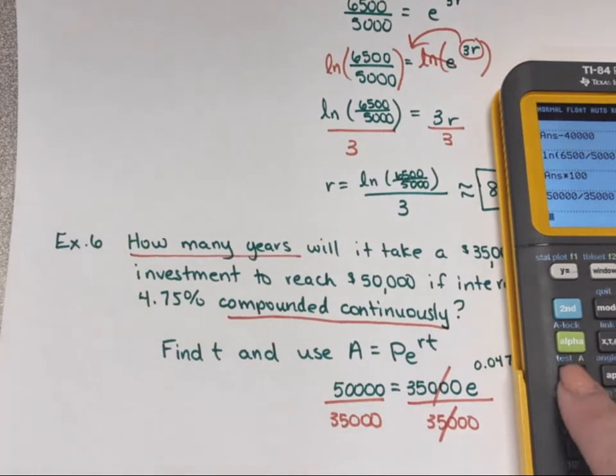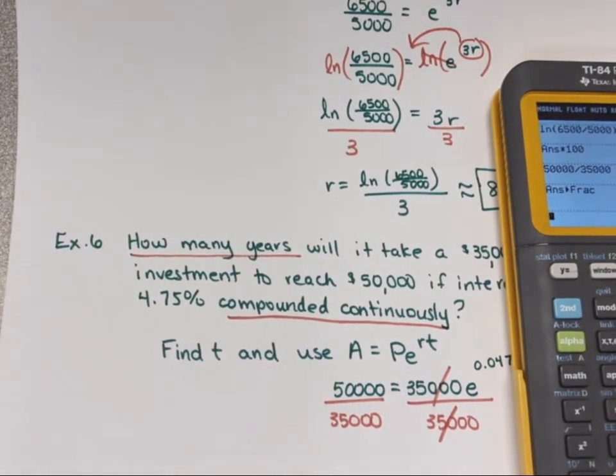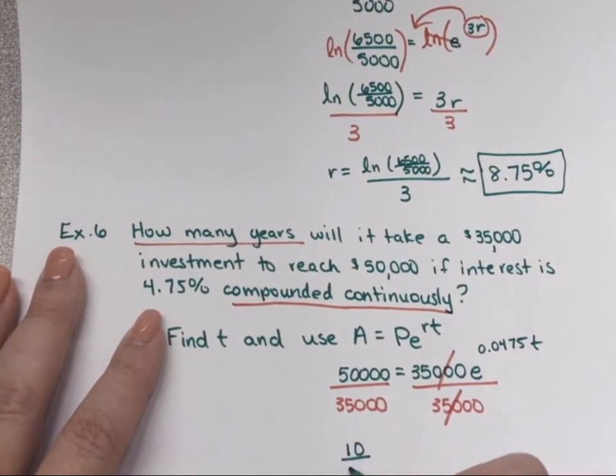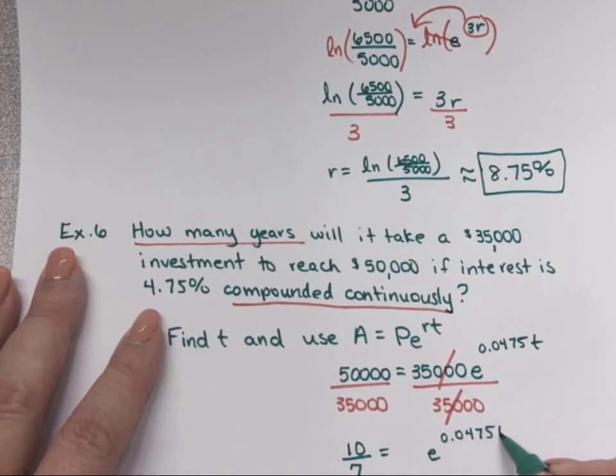You can use the math fraction key and at least reduce it to a nicer fraction if that's what you want to do. You don't have to do that. I'm just showing you different options. But I would not want you to put in 1.428 blah blah blah, because that means you're rounding the answer more than one time. But you could change this to 10/7, and then at least it's a little more pleasant, right? Equals e to the 0.0475 power.